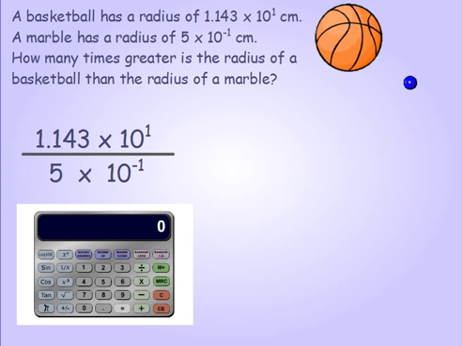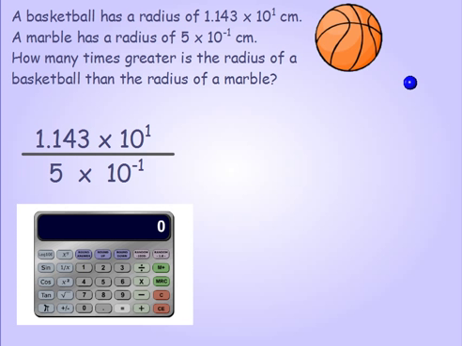Now we're going to talk basketball. A basketball has a radius of 1.143 times 10 to the first power. A marble has a radius of 5 times 10 to the -1st power, all measured in centimeters. We want to know how many times greater the radius of a basketball is than the radius of a marble.